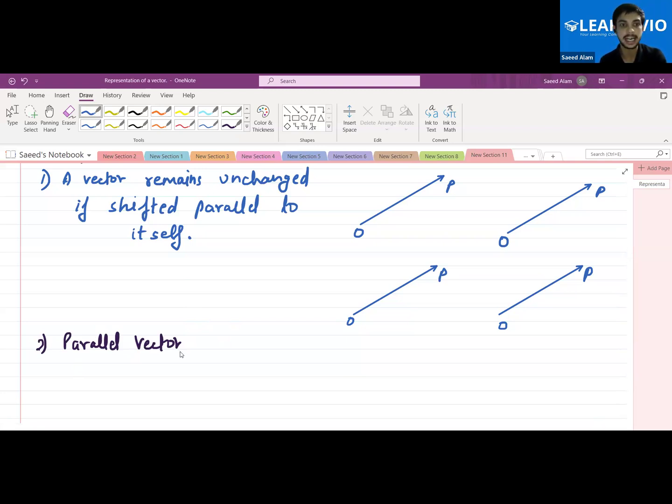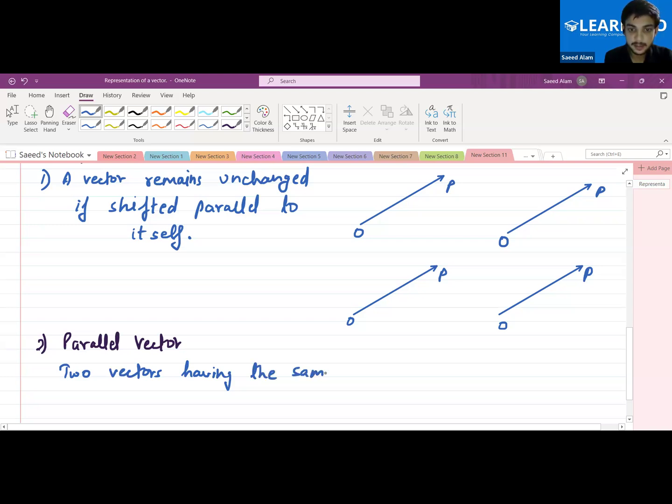So what we can write here is two vectors having the same direction will be called parallel vectors. Understood?